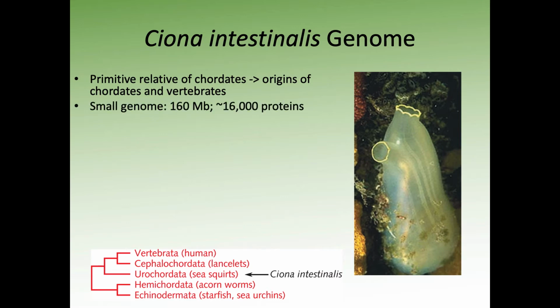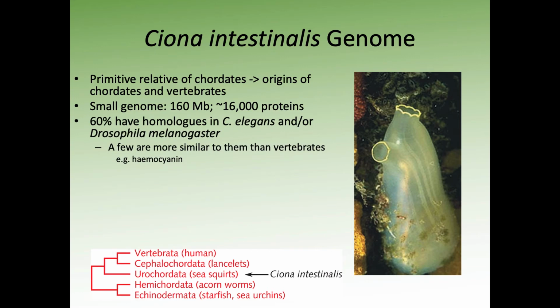They've got a relatively small genome, also about the size of Arabidopsis thaliana, 160 megabases, and about 16,000 protein coding genes, of which about 60 have homologs to worms, C. elegans, and or Drosophila.